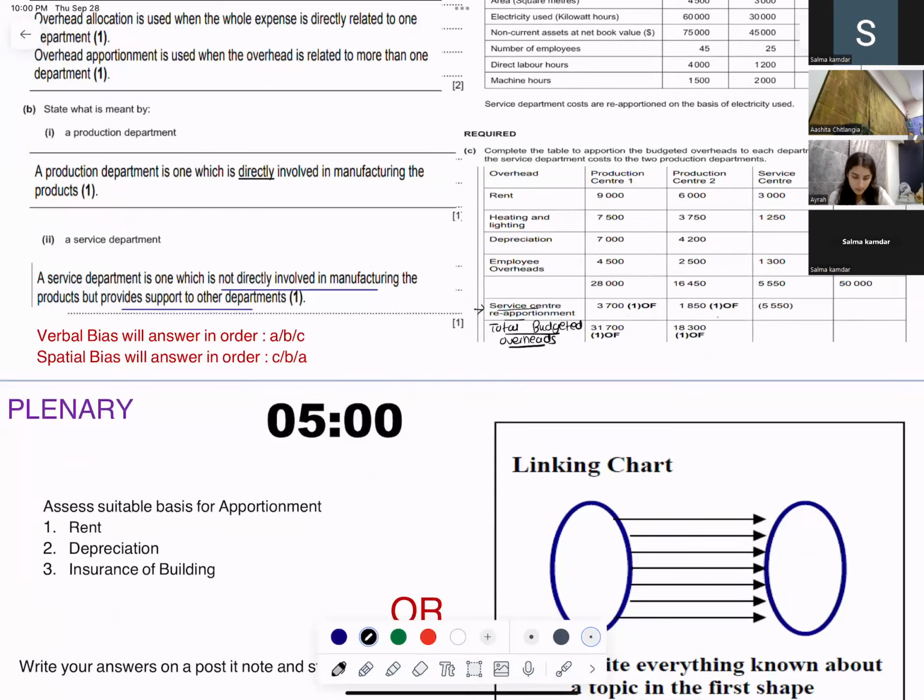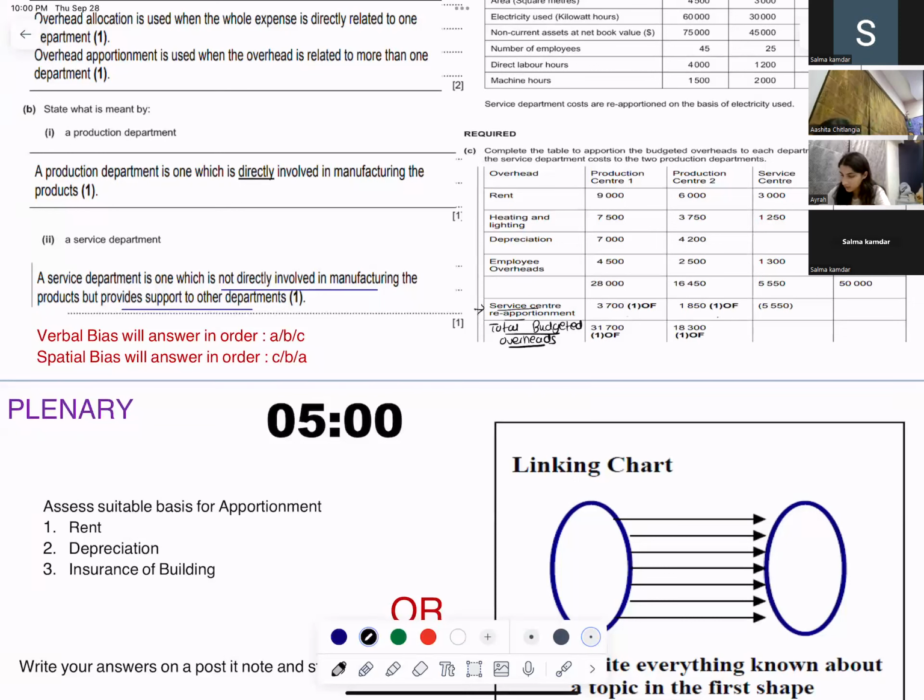When does apportionment happen? When expenses are related to more than one department. And reapportionment? Reapportionment is done when the service department cost is reapportioned amongst the production department on a suitable basis.